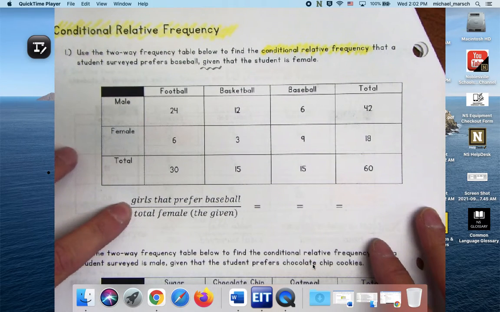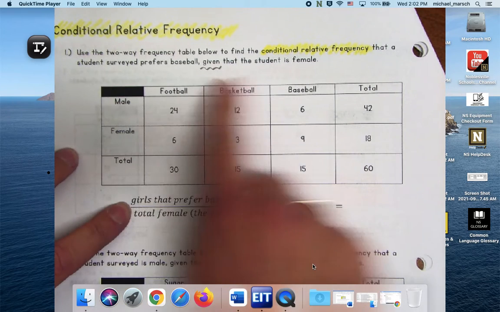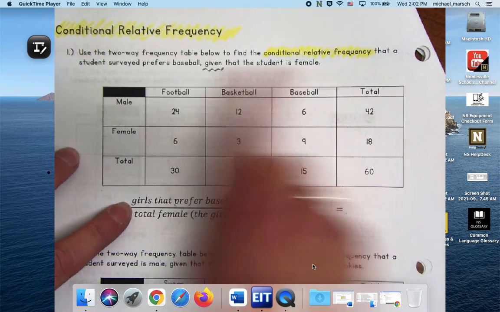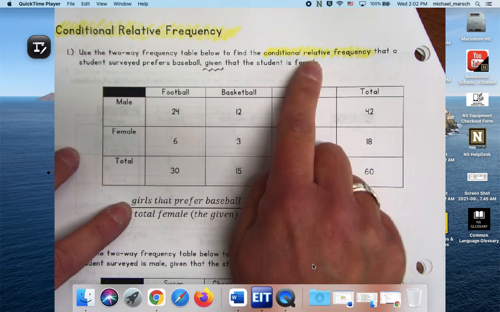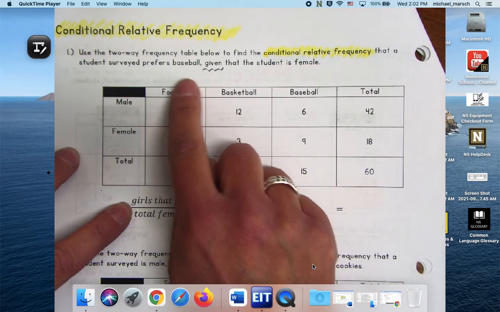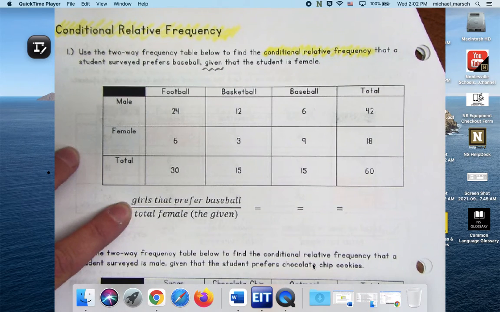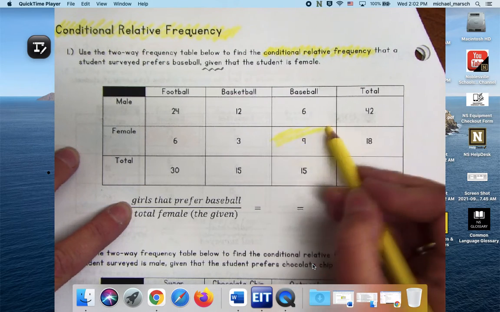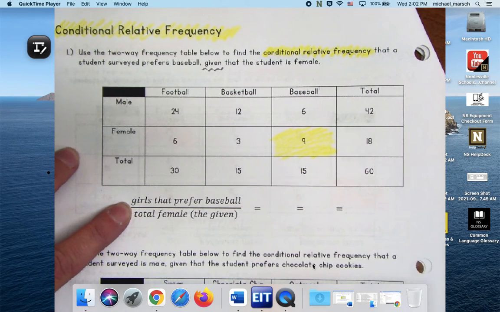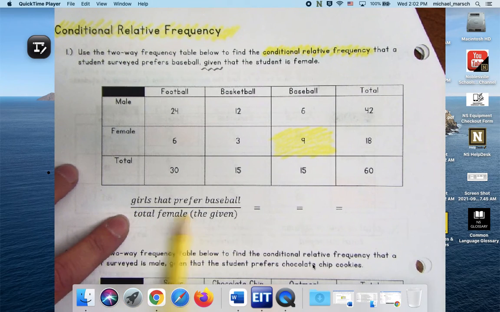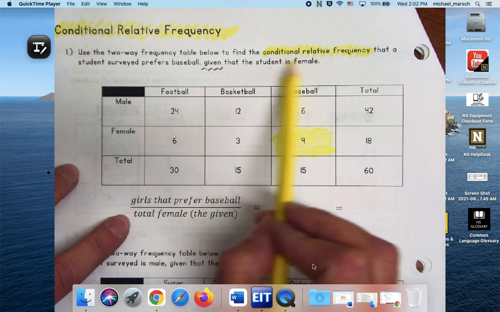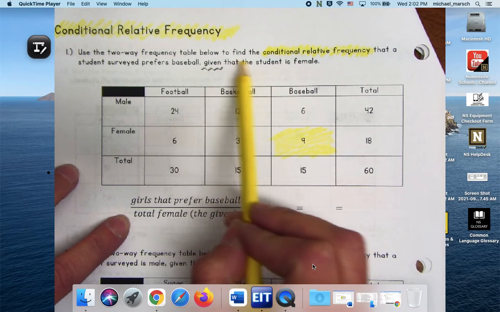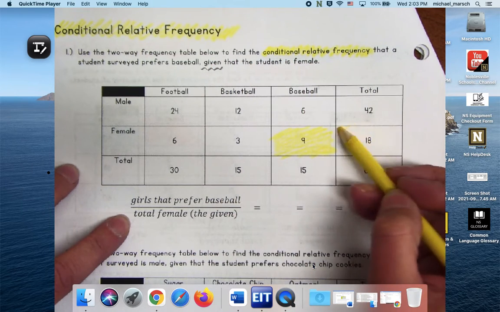So our numerator is going to be girls that prefer baseball, because we have female this part, baseball this part. So girls that prefer baseball is going to be 9. And then our denominator is going to be total female, because that was the given amount, given that the student is female.